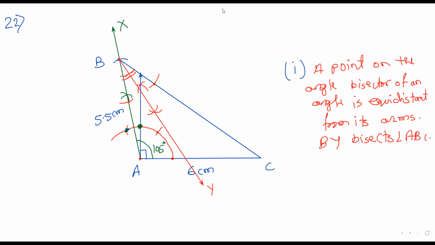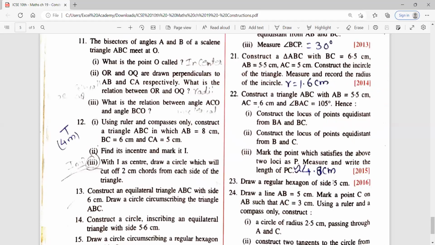What is the second part? Construct the locus of points equidistant from B and C. B and C means the side BC, the segment, so its perpendicular bisector. Same thing: any point that lies on the perpendicular bisector of a line segment is equidistant from its endpoints. So where is BC?